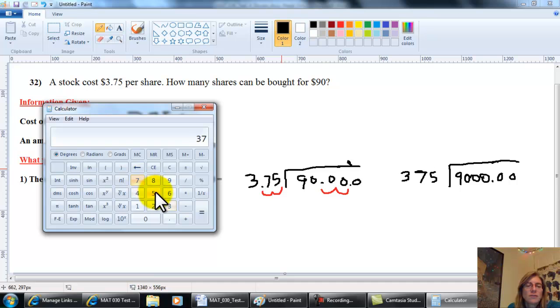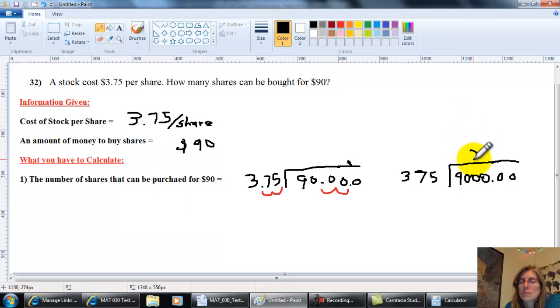Let's look at 375 times 3, which will be, whoa, not even close. Okay, let's look at 375 into 900. Alright, 375 times 2 equals 750. So let's do that. We said 750, right?